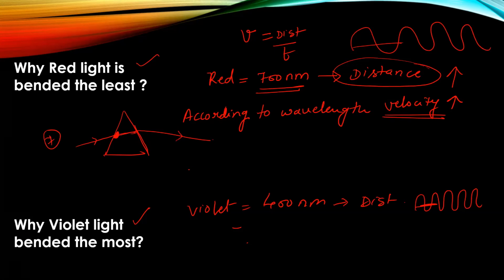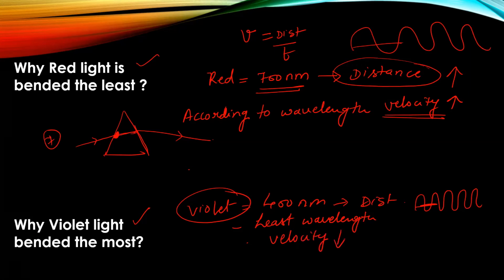Okay, like this. On the contrary, the violet light has least wavelength. So due to its least wavelength, that means it is not traveling much of a distance. Distance traveled by violet light is less. So hence the velocity of violet light is also less.